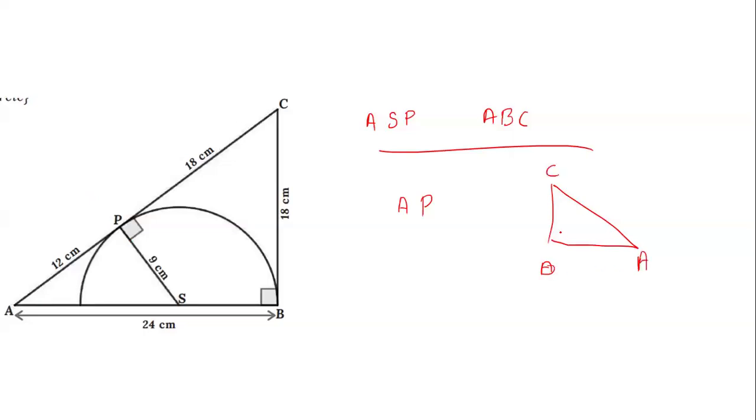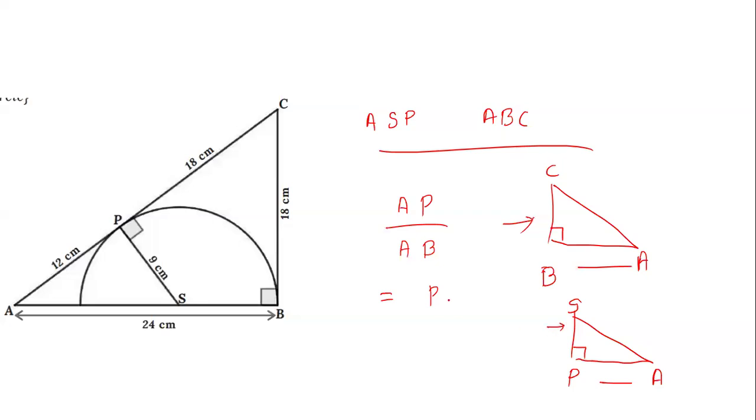Here is ABC, there is a 90-degree angle at B, and the other is APS, there is a 90-degree angle at P. So we can say that the AP side divided by the AB side must be equal to the PS side divided by the BC side, and this must be equal to the AS side divided by the AC side. So all of these ratios are the same.